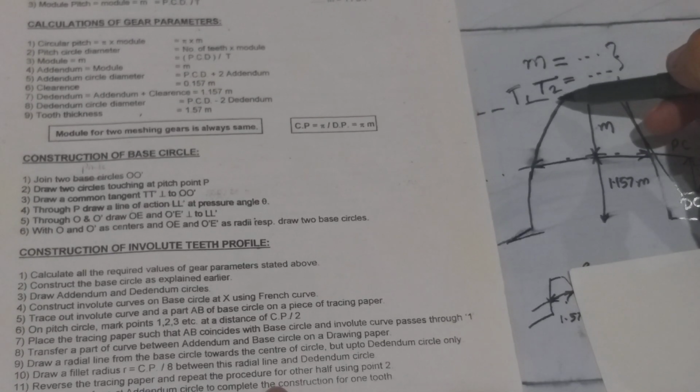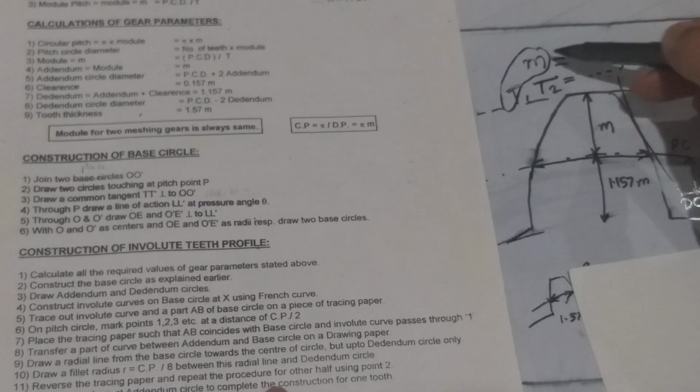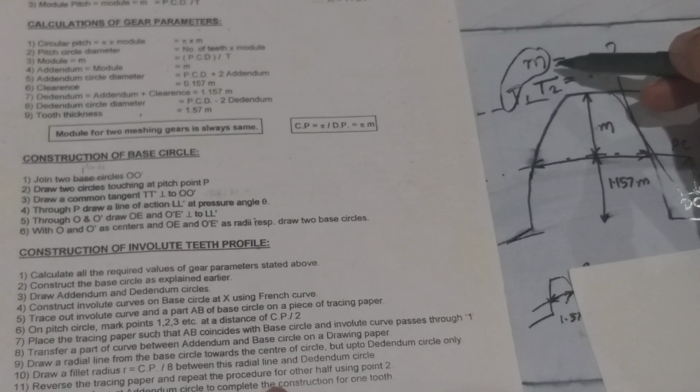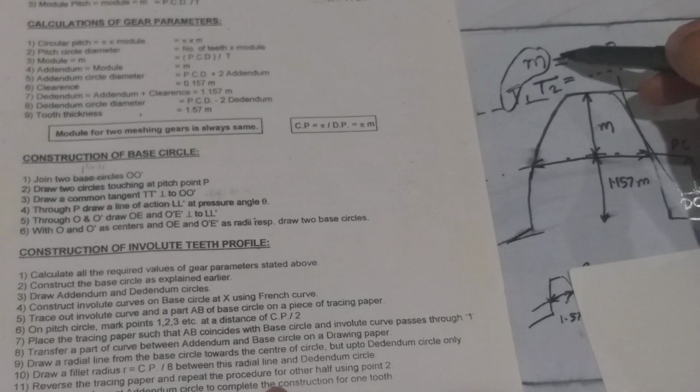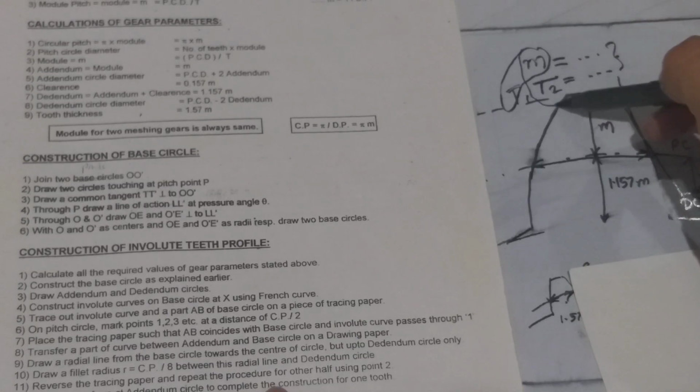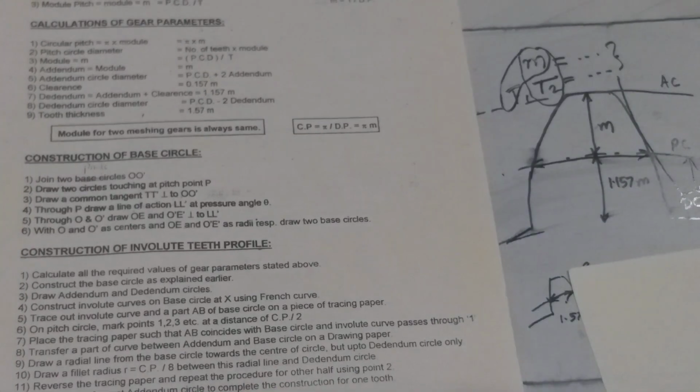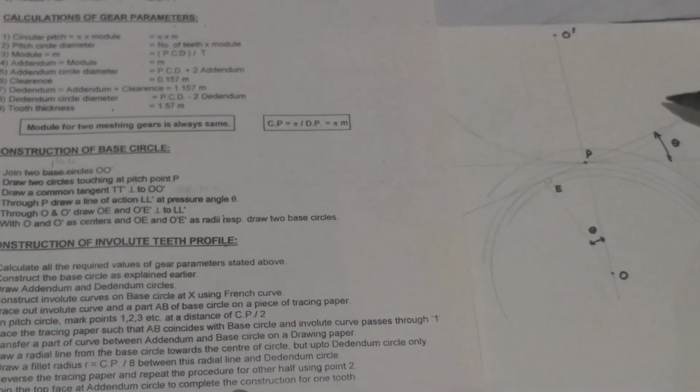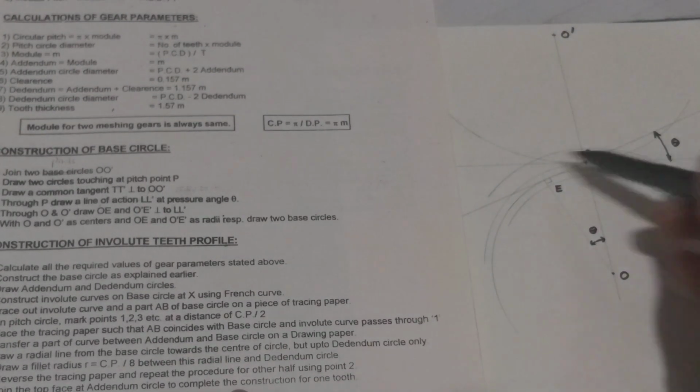After doing all this, you will find m into T1, that is the pitch circle diameter of one gear, and m into T2 is the pitch circle diameter of the other gear. So you know the diameters of both the gears. So what we do is we start like this. As you can see, this is the diameter of one gear, this is the diameter of the other gear.